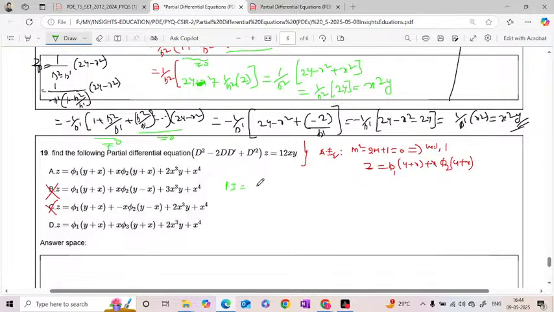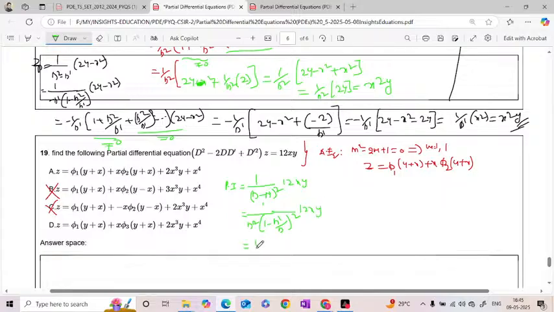Particular integral is 1 by d minus d dash whole square into 12xy. After separating the d dash, d square, 1 minus d dash by d, whole square, 12xy.